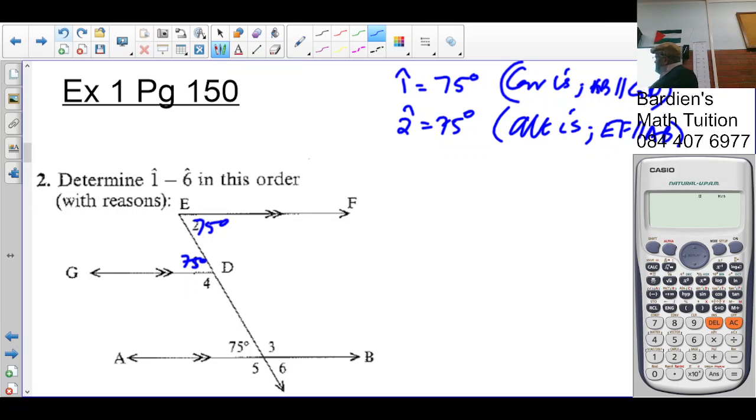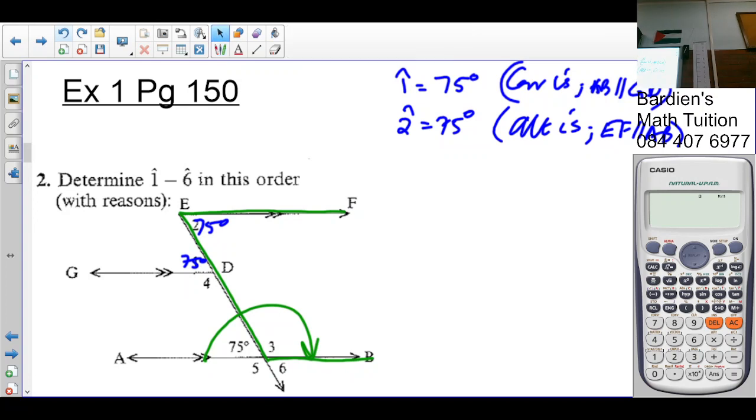Number 3. Why? You're going with co-interior angles. But why is angle 3 75? Doesn't it add up to 180? It's actually 105. Or you could have gone with angles on a straight line.